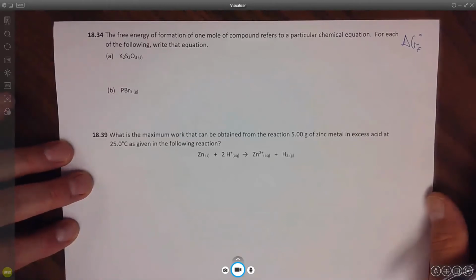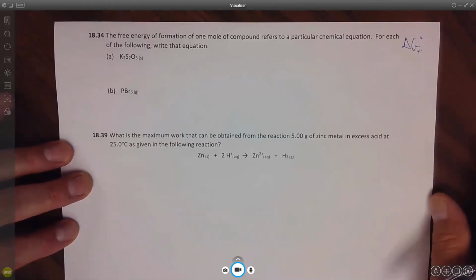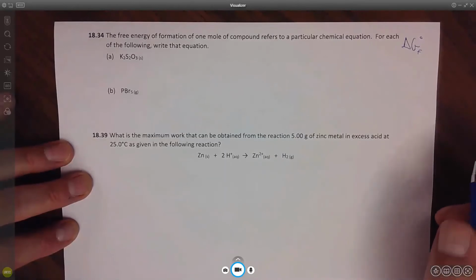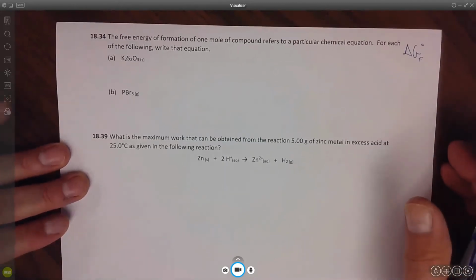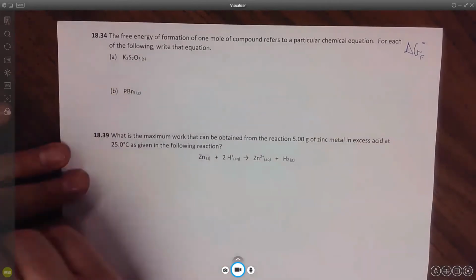So is that just this? That's the formation, right? That's correct. So what do you know for sure right off the bat? That we have 1 mole of each compound? You're on the right track, but what do you mean by that? So there's my compound, 1 mole of it.